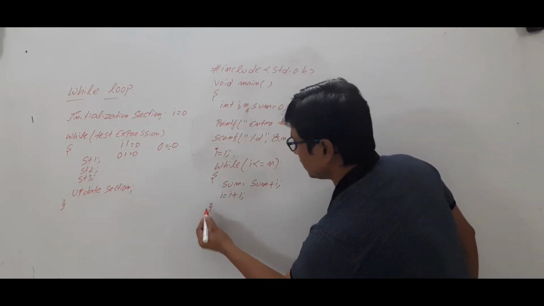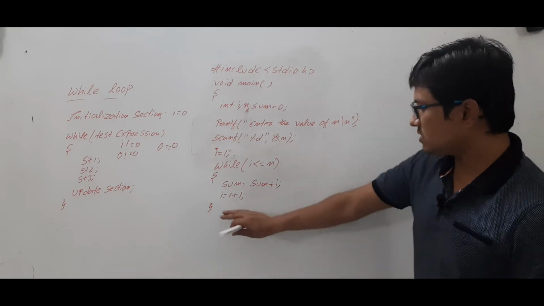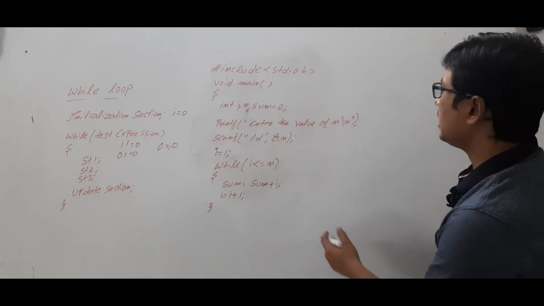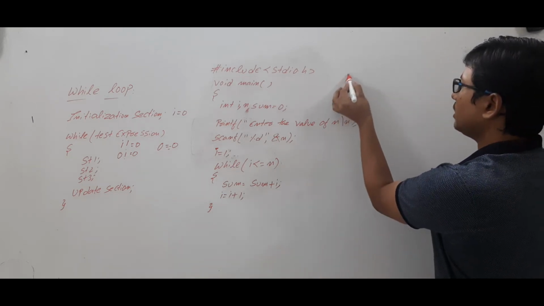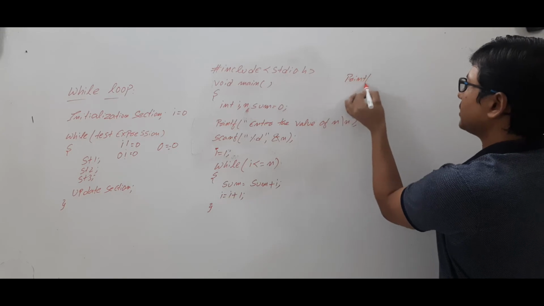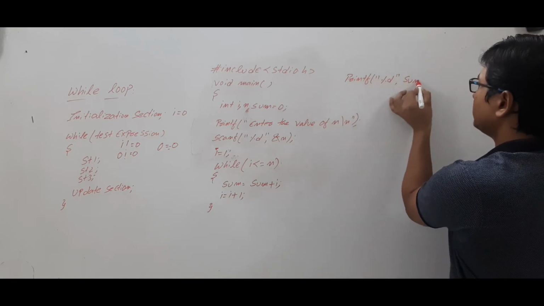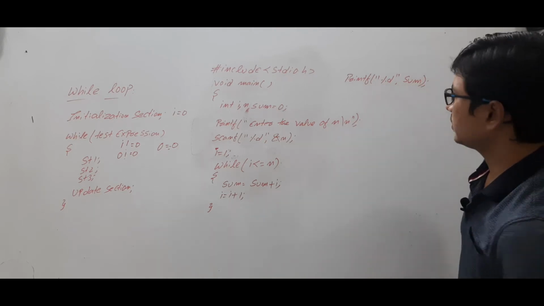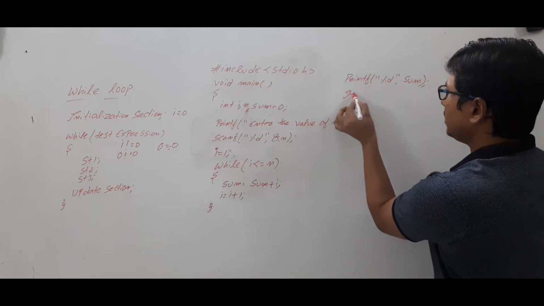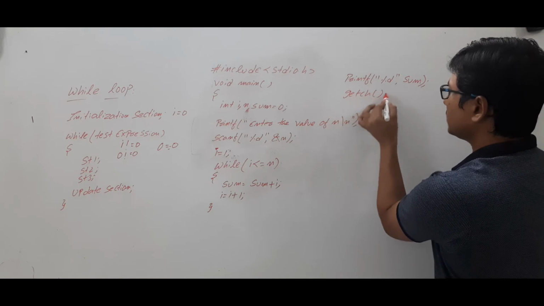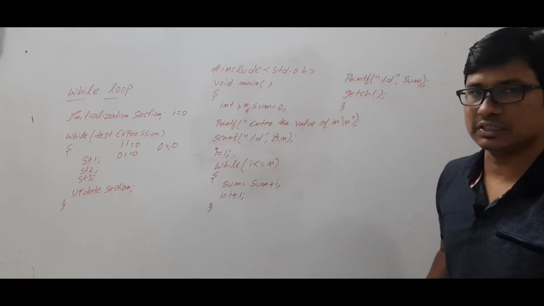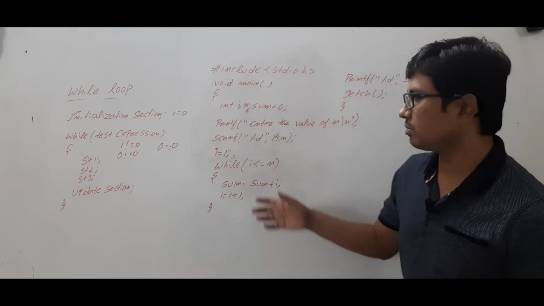So this is my while loop. Once this is completed, I need to display the sum value, so I will write printf %d, sum. Once I have printed the sum, I need to write getch, and I need to close the main function. Now let's see how this program is working.